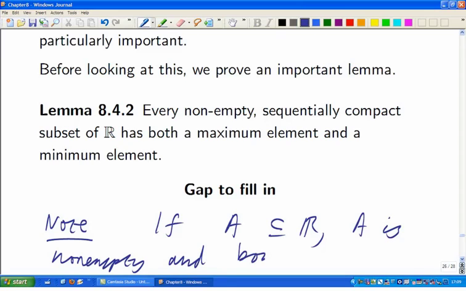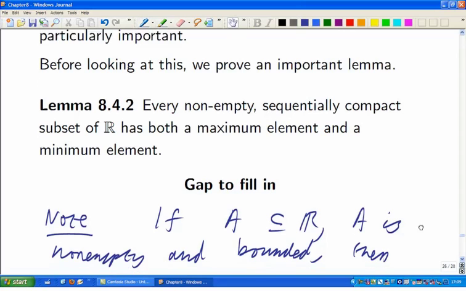So here is the little note to remind you what happens if you've got a non-empty and bounded set.